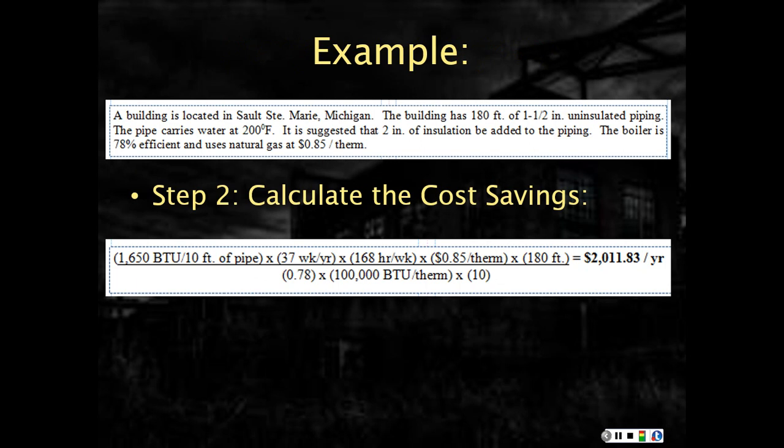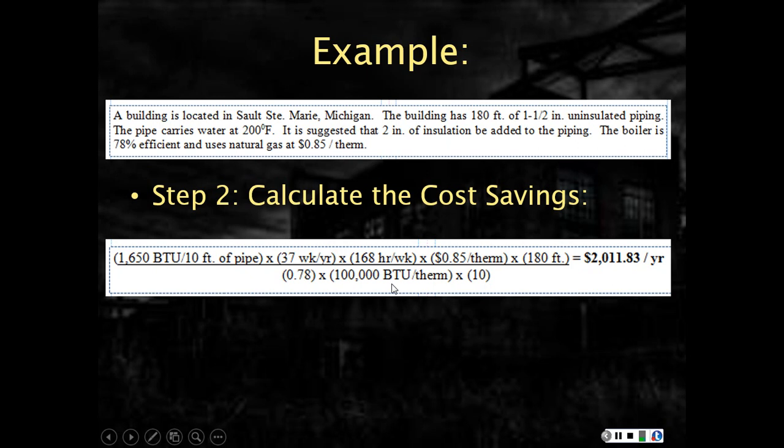So for the rest of the equation, I take my heat loss. This is the length of the heating season that I'm using this for, and I get that from my correlation weather data. When it is running, it's running all the time. 168 hours per week is all the time, times the cost of fuel, times the total length of pipe, divided by my efficiency, divided by how many BTUs per unit of energy up here.